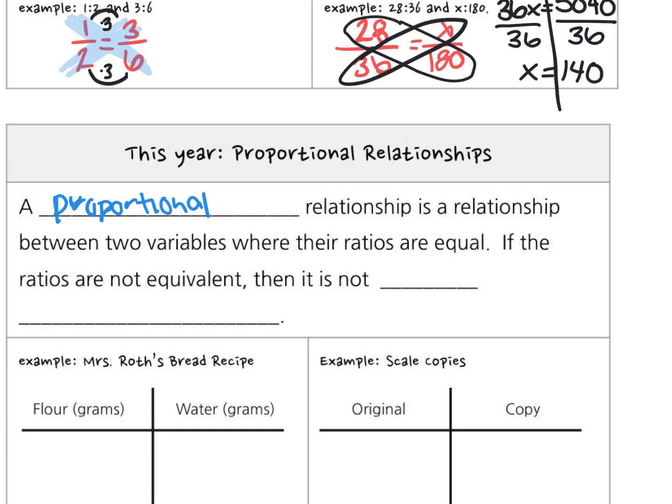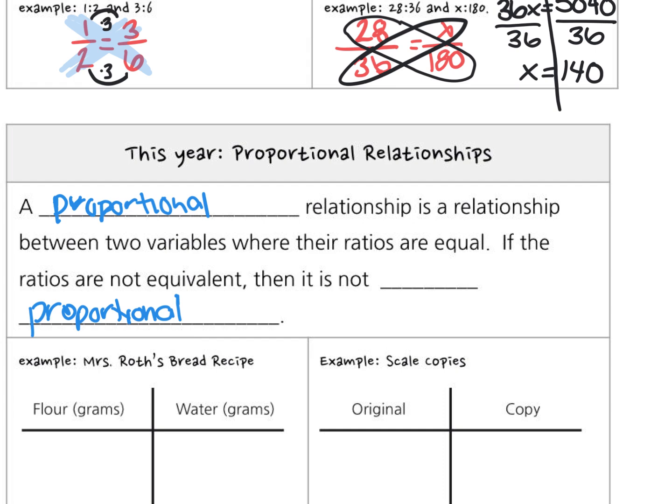If the ratios are not equivalent, then it is not proportional. It says not, so all you have to do is write proportional again there. Why is there a line there? Because I forgot to delete the word not, so it was supposed to be not proportional, but not is still there, so you just have to write proportional.